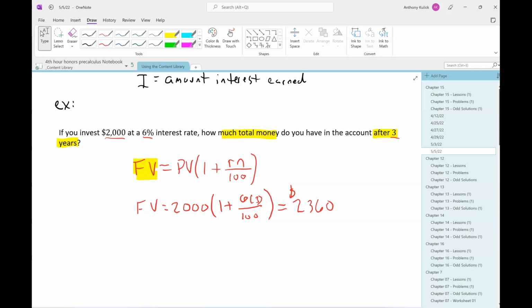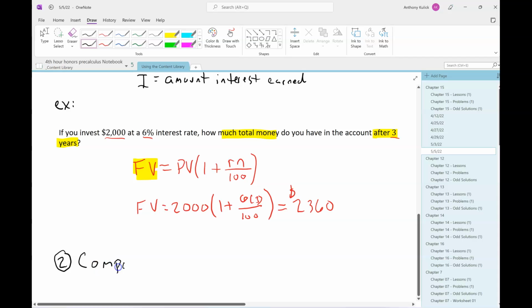So the interest you earn in the second year should be based on that number, not the 2,000. Everybody kind of see where I'm going with that? When we compute interest that way, where the current account value is what you're earning interest from each time the interest accrues, that's called compound interest.